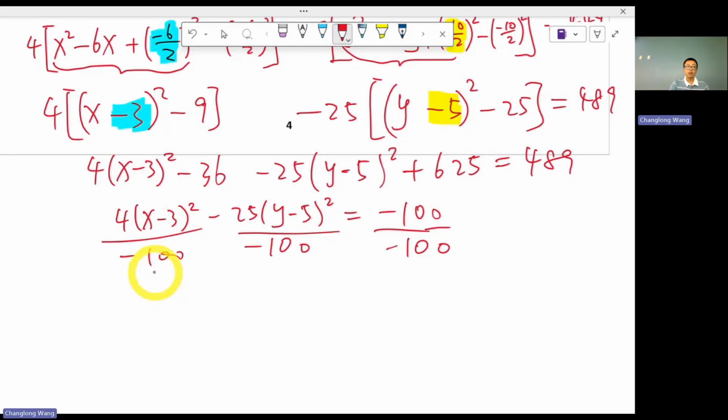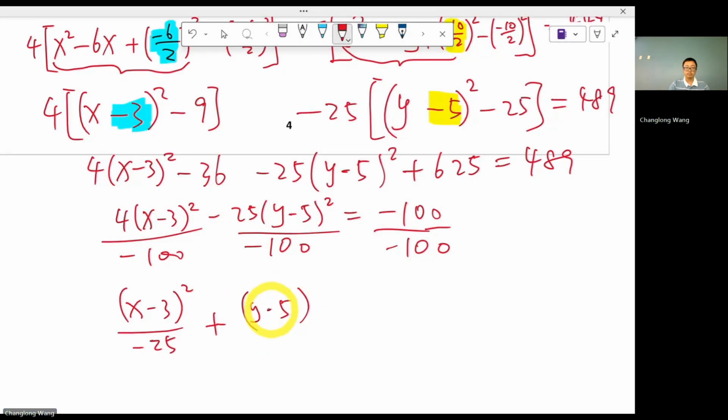The first part becomes (x - 3)², and it turns out that you can divide out the 4 to get -25. And here you get the -25 and -100, so it becomes positive (y - 5)² over 4 equals 1.